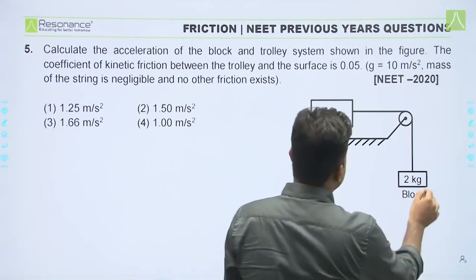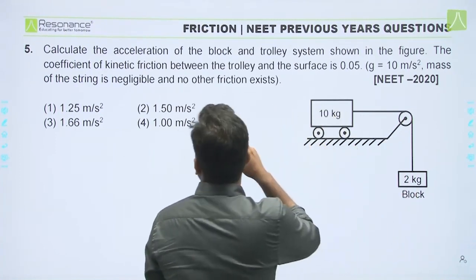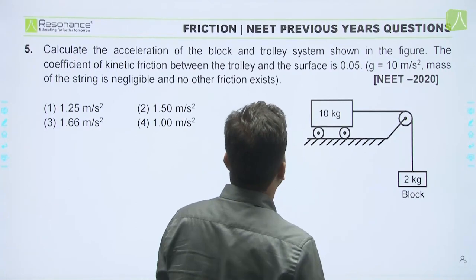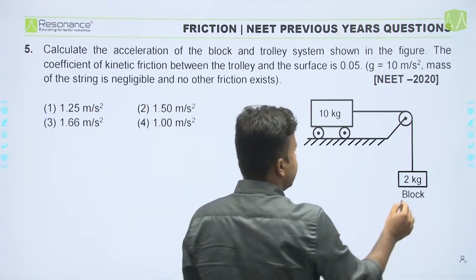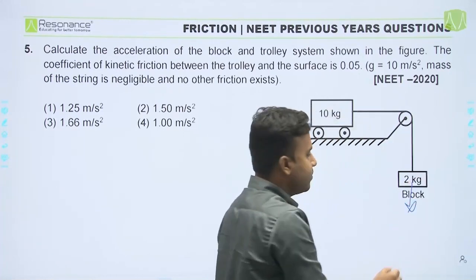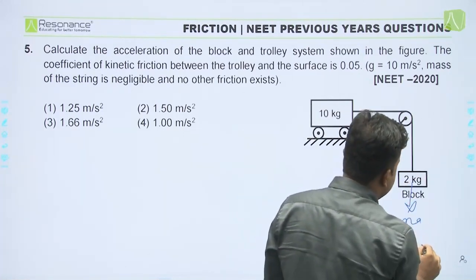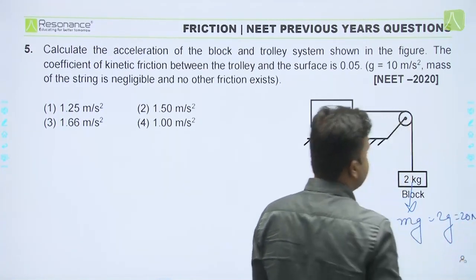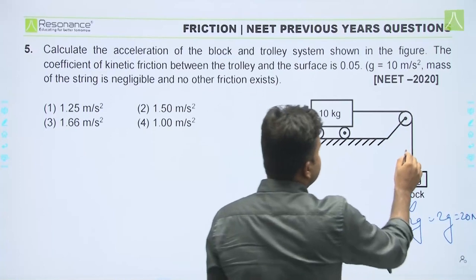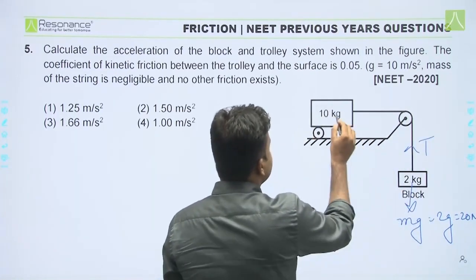Okay, so in this question, you have to find the acceleration. Calculate the acceleration. This block will experience a force in the downward direction. How much? M into G. So you can write here 2G, or if you want, write 20 Newton. Now here the tension is in this direction.